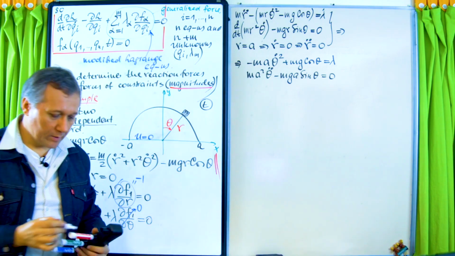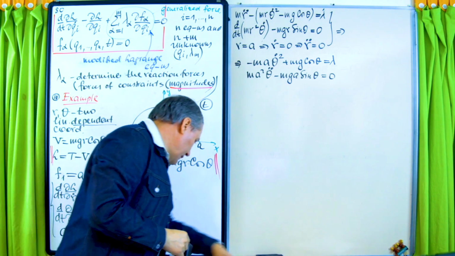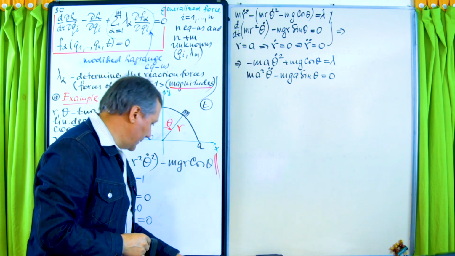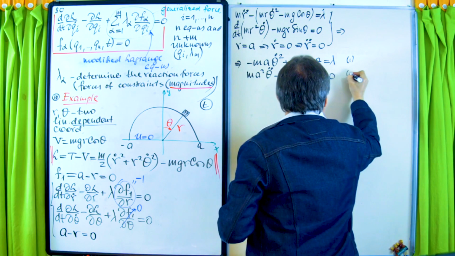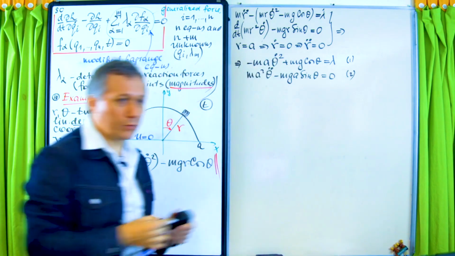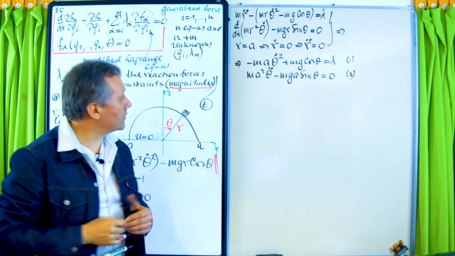So now we applied the constraints. That's equation number 1, now equation number 2. Two unknowns, two equations, so we're all set.